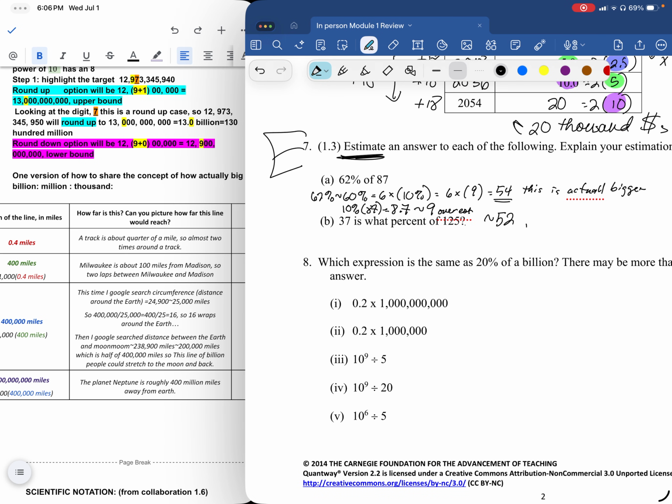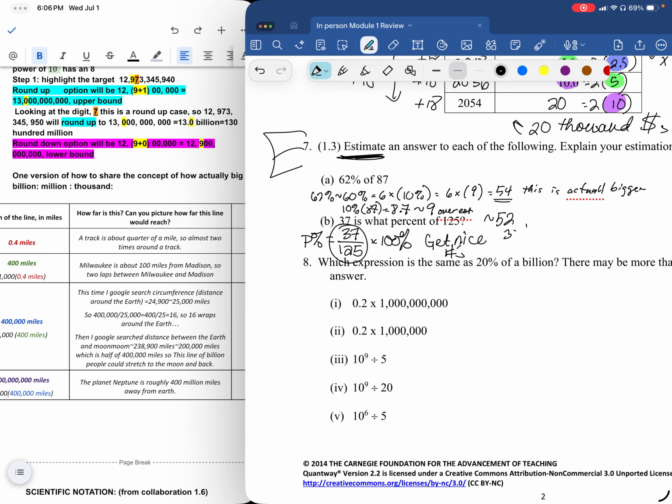37 is what percent of 125? So we have this P percent equals 37 over 125, times that 100% thing. So we need to estimate 37 and 125. So, get nice numbers. I don't know if that's a strategy.